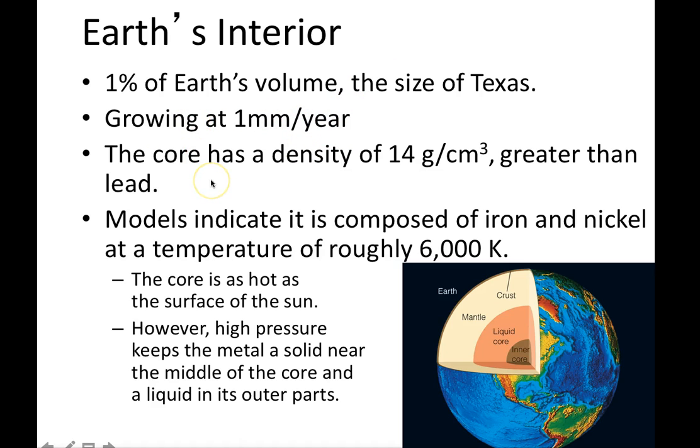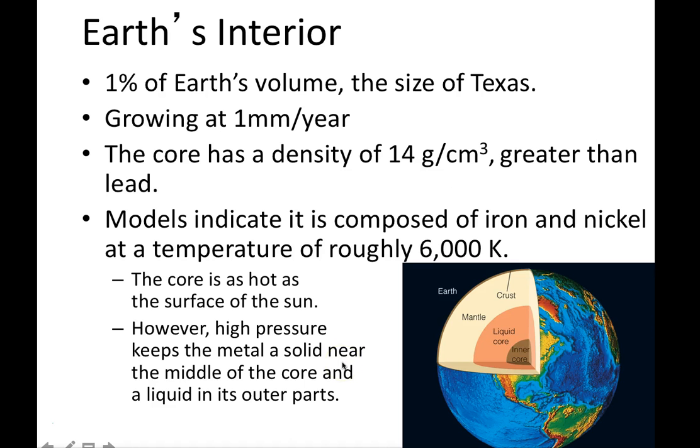Lead is about 10 grams per cc, and as it says here in the chart, the inner core is actually growing every year. The core grows because the liquid core is settling out on top of it and cooling off. The whole Earth is cooling off, and for that reason the inner core does get larger.